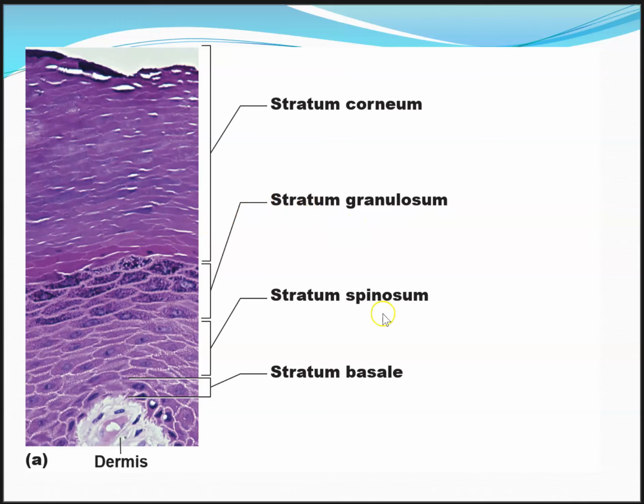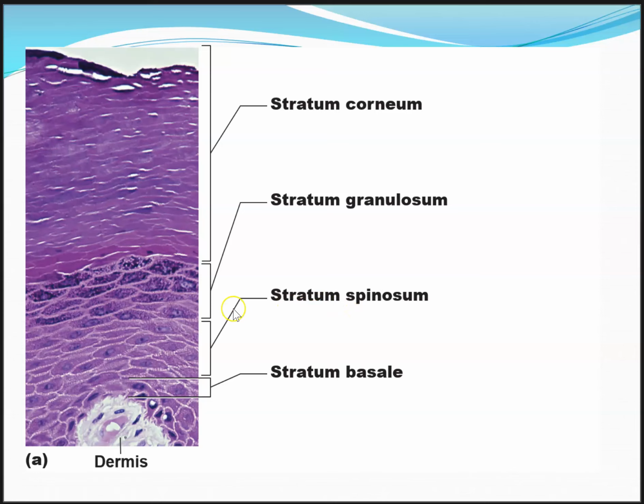Now the next structure is stratum spinosum. The stratum spinosum is a thick bundle of intermediate filaments which is filled with keratin. Now keratin is the main protein that makes our skin waterproof.